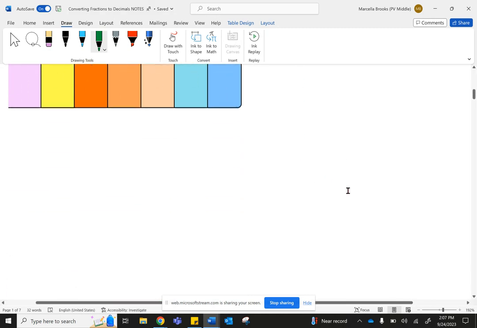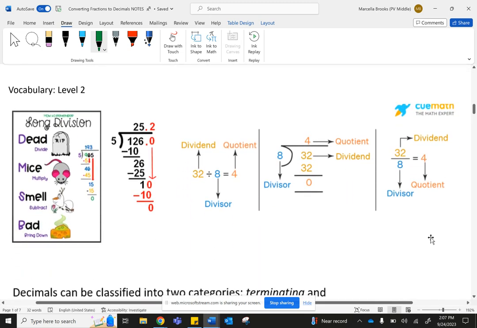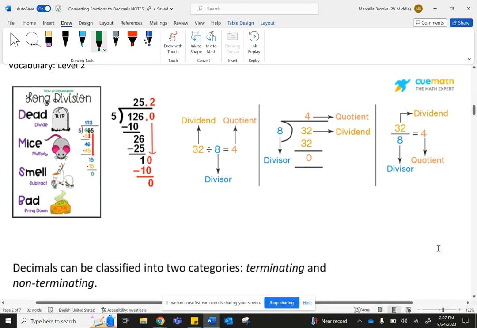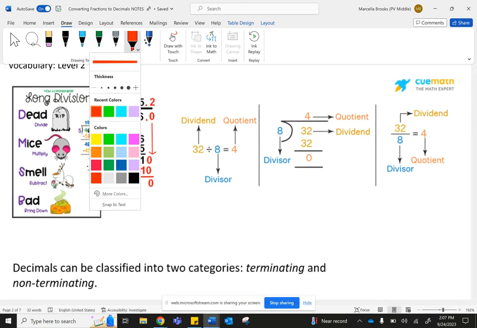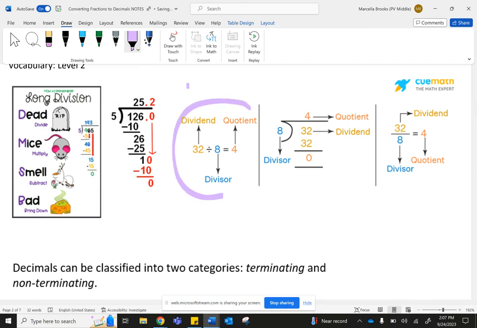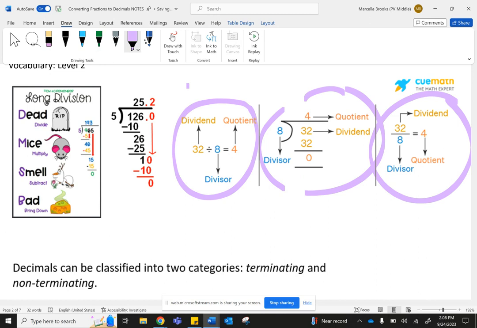All right, so that's a little decimal practice. Now we're going to look at our vocab here. We're going to be doing long division. All 3 of these show the different spots that our vocab is going to be in.